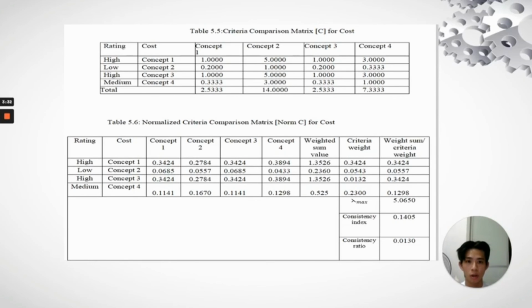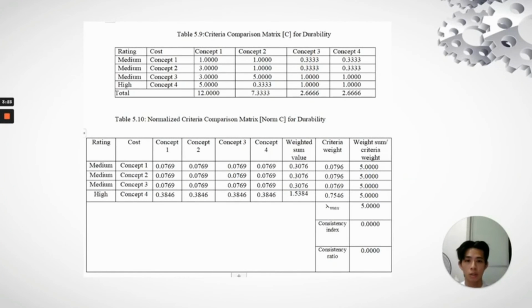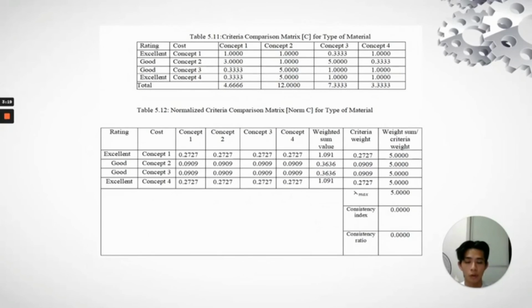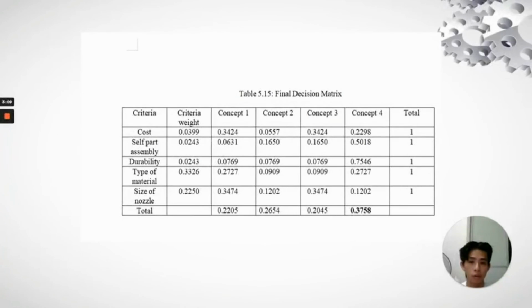The first one is the cost, the second one is the self-assembly, the third one is the durability, the fourth one is the type of material, and the fifth one is the size of nozzle. To conclude, for the final decision matrix, the values for these criteria have shown that concept 4 has the highest value.